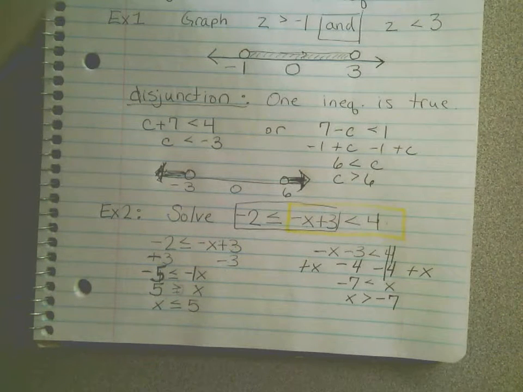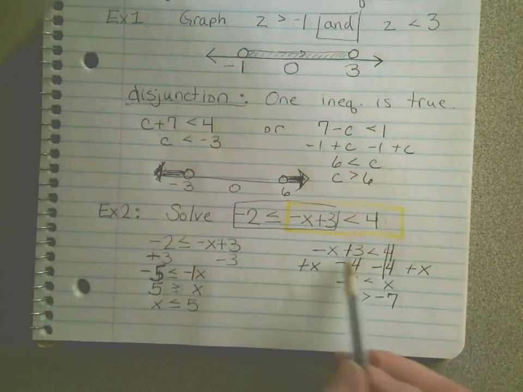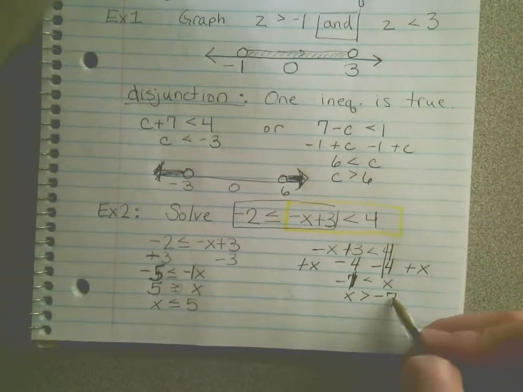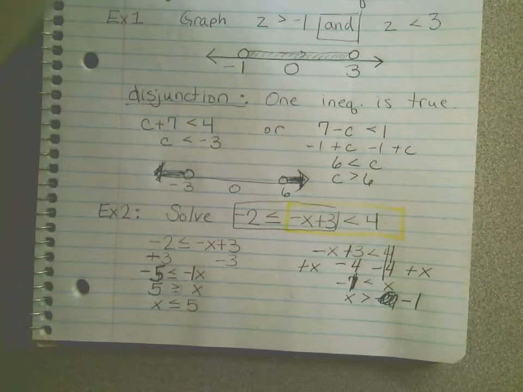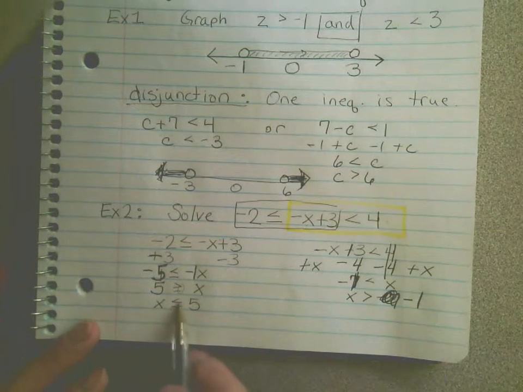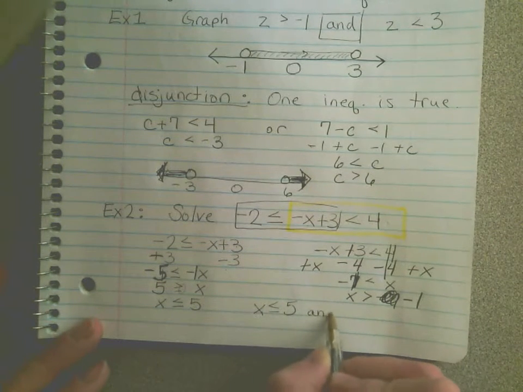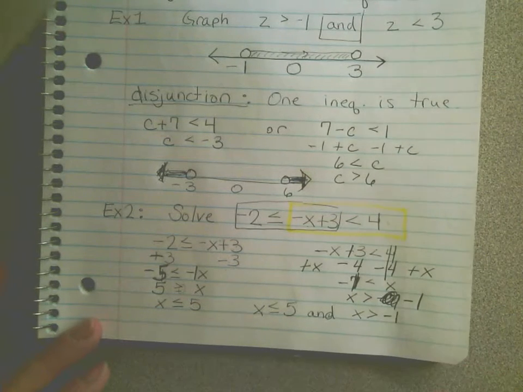Did I do my math wrong again? Jeepers creepers, lady. Plus 3, less than 4, negative 1, and negative 1. Thank you. Like I said, it's been a crazy day. Okay, if I solve it this way, I now have x is less than or equal to 5, and x is greater than negative 1.